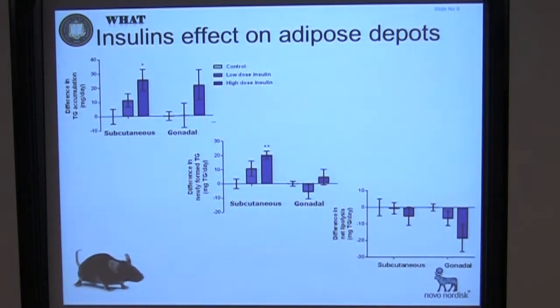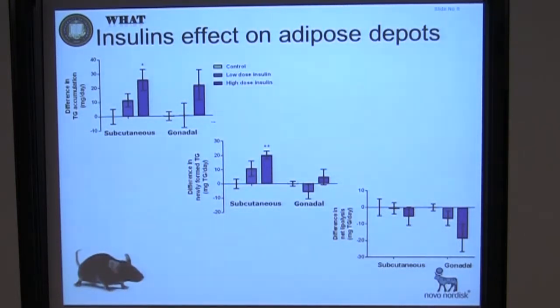So that leaves us with the question, how can the gonadal depot increase in size but without having any new fat in there? And the answer to this might come from lipolysis. Insulin also inhibits the export of fat out of the fat depots by inhibiting lipolysis. And down here is a graph of how much lipolysis there is as compared to the control group.